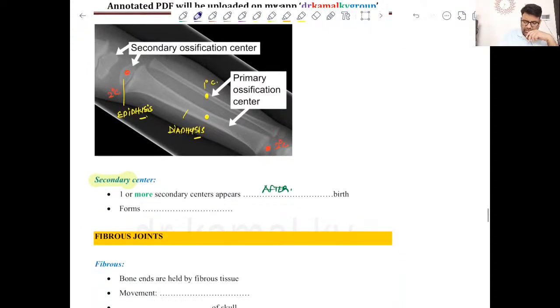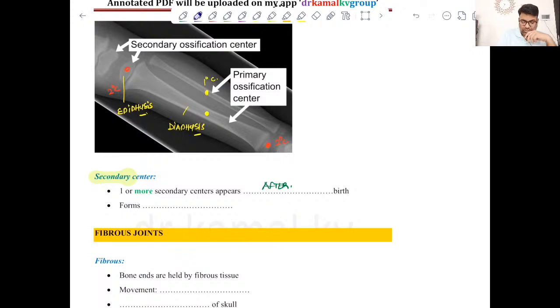So the secondary center of ossification forms the epiphysis. Clear? So primary, one in number, appears before birth, forms diaphysis. Secondary, maybe one or maybe more than one, maybe two if the epiphysis is at both the ends, and it appears after birth and forms epiphysis.